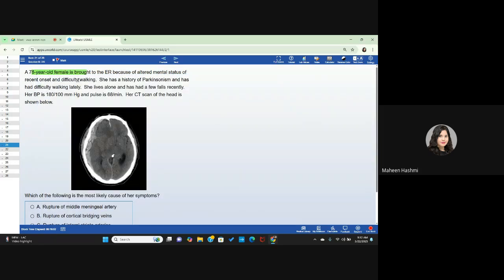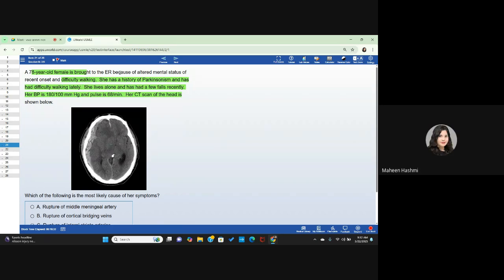78-year-old female, recent onset difficulty walking, Parkinsonism history, blood pressure very high, few falls. This is a classic case I told you guys yesterday. They will say there is a very old female, an adult with hypertensive history and difficulty walking, and she'll come and say, oh, I just feel that I'm dizzy, I'm groggy, and my head is clogged.